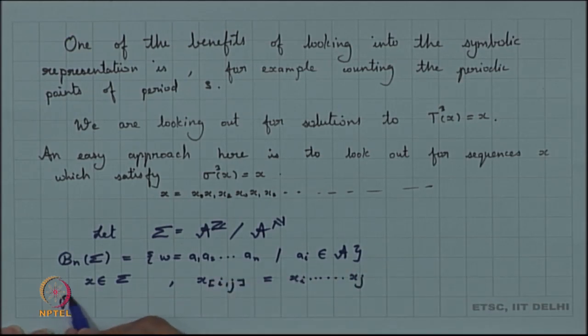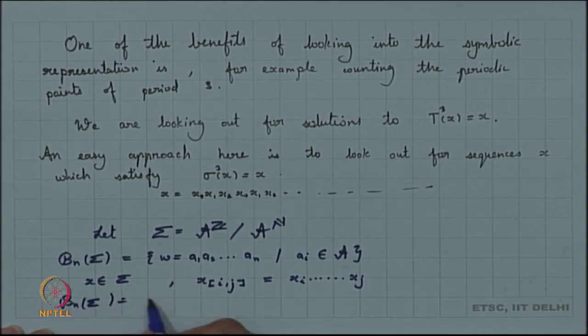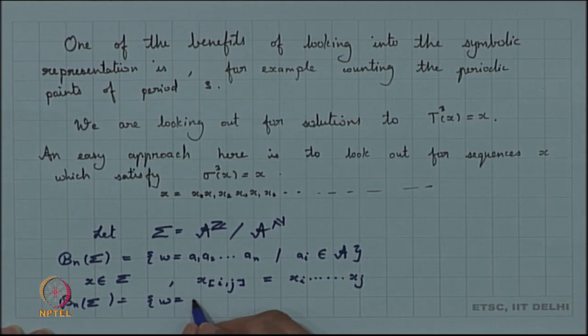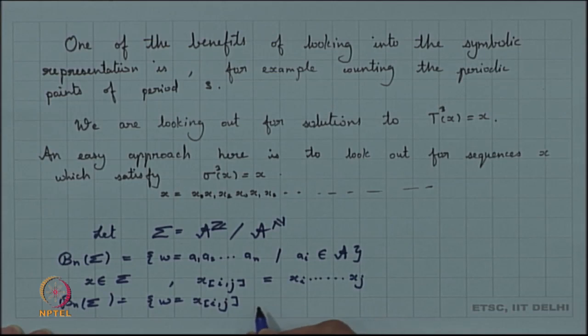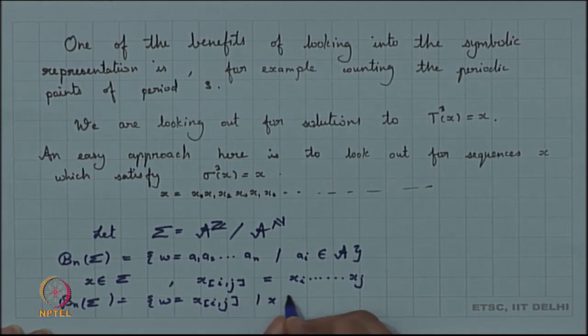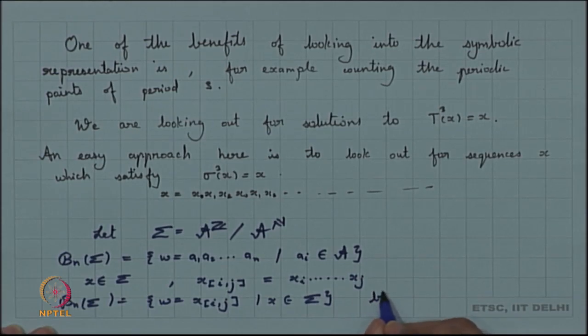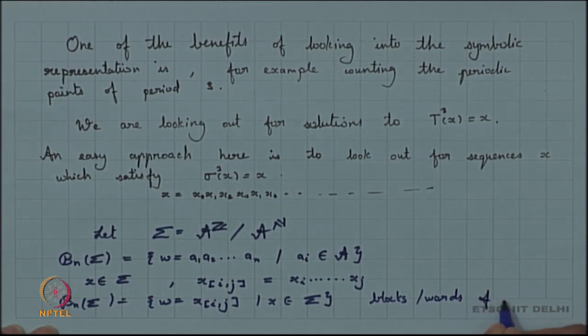So, we can redefine B_n sigma to be the set of all words equal to this block x_{i,j} such that x belongs to sigma. So, these are blocks or words of length n in sigma. And now, once we have defined words, we can define languages.